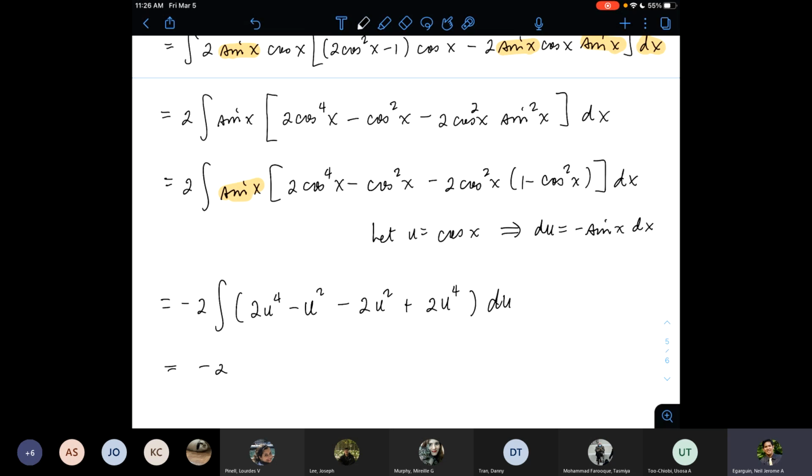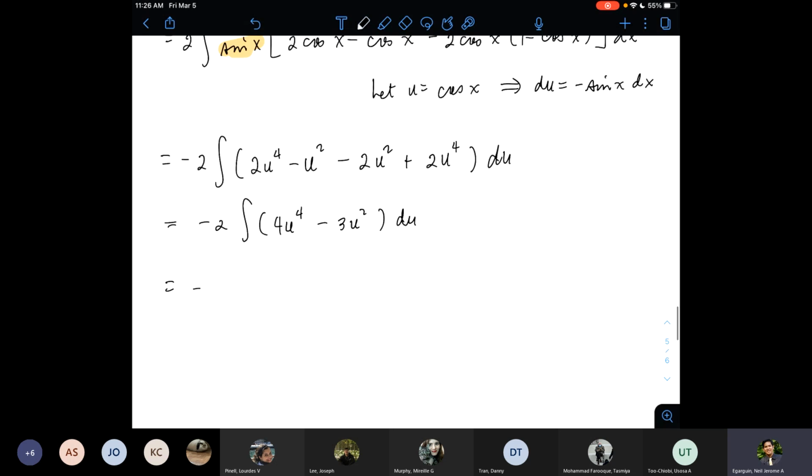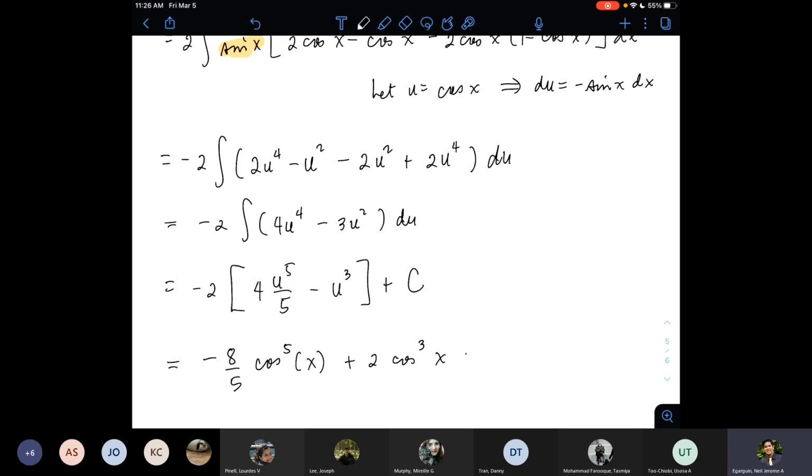And then we'll have negative 2 integral of 4u to the 4th minus 3u squared du. And so this is negative 2 times 4u to the 5th over 5 minus u cubed plus the arbitrary constant c. Then we just need to revert to the original variable and carry out some of the arithmetic here. We'll have negative 8 over 5 of cosine to the 5th x plus 2 cosine cubed x plus c.